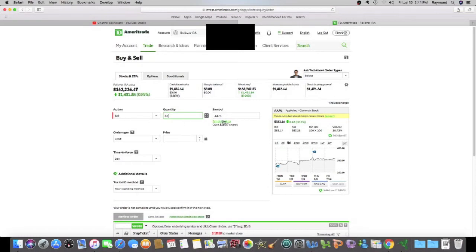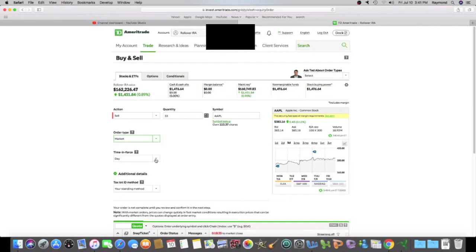The company is Apple. And I'm just going to do a market order. Again, you guys can Google the meanings of all this stuff, but you ain't got to be an expert. When you know you want to sell, you know you want to sell. So I want to sell whatever the price is when I click on it. And I suggest you guys do that since you're pretty new.